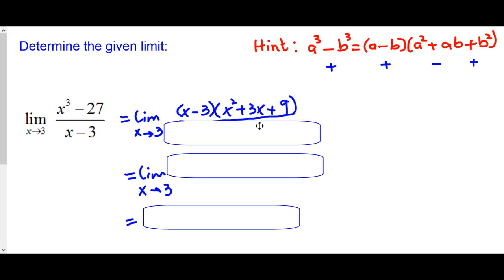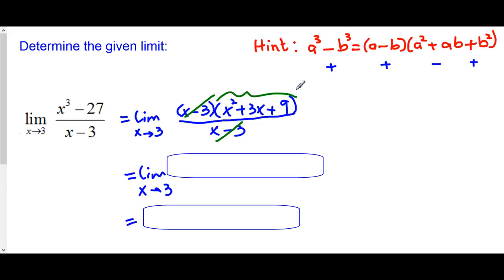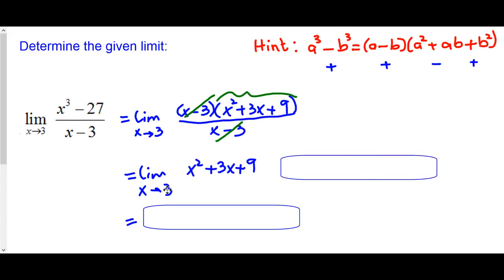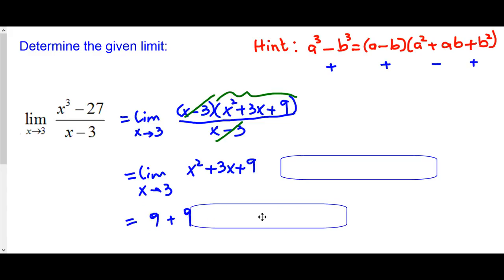The denominator is the same, and I didn't even mention it, but you would always be encouraged to plug the number in first, and in this case we're going to get 0 over 0. That's why we need to simplify it further, and that's what we're doing here. Notice the x minus 3's can be canceled at this point, so we have just this trinomial, and you can substitute 3 into there. So plug 3 in. So you get 3 squared plus 3 times 3 plus 9. So you're going to have basically 3 nines, or 27.